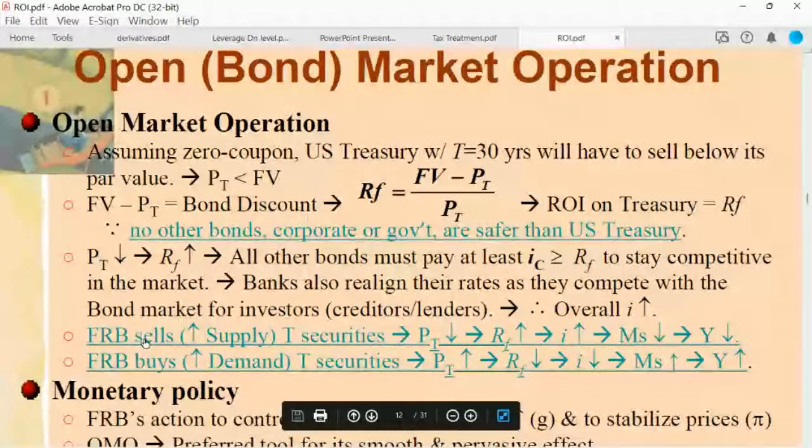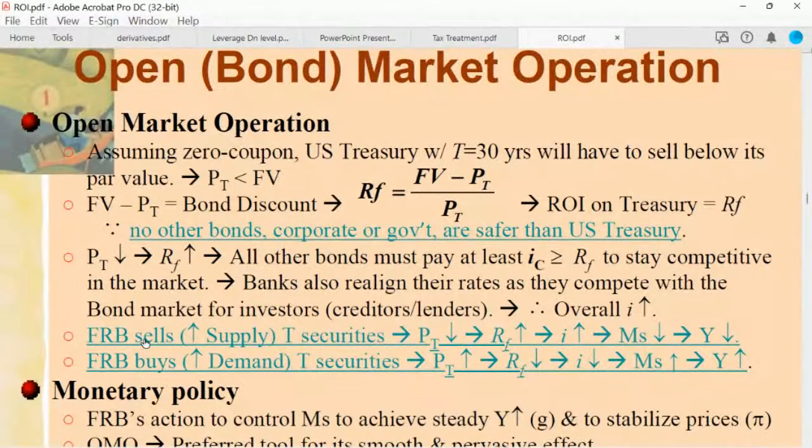Although Federal Reserve sells or buys back Treasury securities, Treasury securities are issued by the Treasury Department, not by the Federal Reserve. So Federal Reserve acts like a broker window, a brokerage, for the Treasury Department.